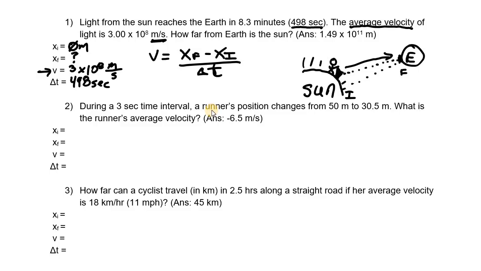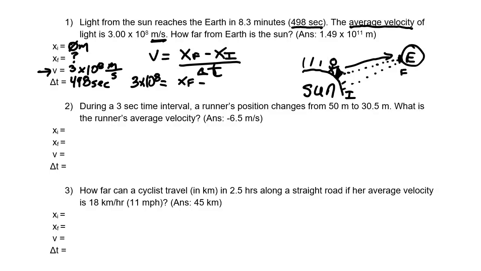So we just simply plug in our variables. We have xf, which is the variable we're trying to solve for. We have 3 times 10 to the 8th. I'm just going to exclude our units. Your teacher might say they don't want you to exclude the units when you're plugging into the equation, but I don't mind if you do exclude them.